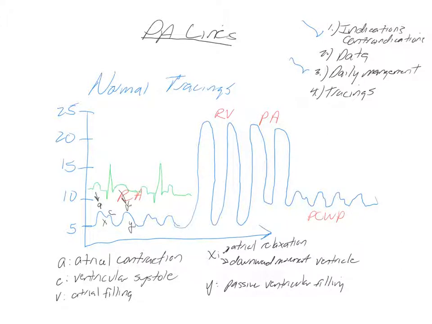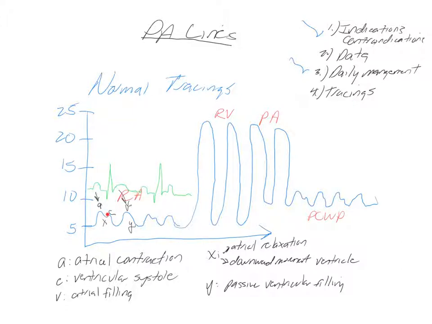So let me go through that again. We start off with the A wave, which goes right after the P wave. It represents atrial contraction. There's a short delay representing the electromechanical delay. Thereafter you have the beginning of the X descent, which is created as a consequence of atrial relaxation.